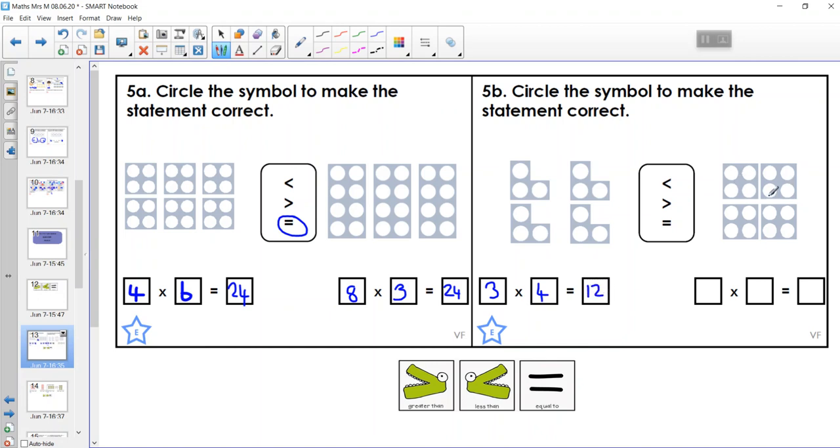And I've got 4, 4 times, 16. So 3 times 4 is smaller than 4 times 4.